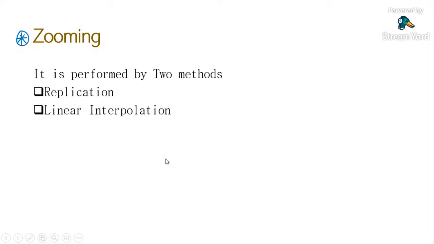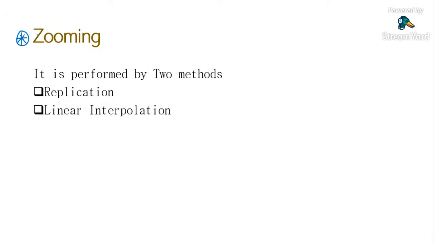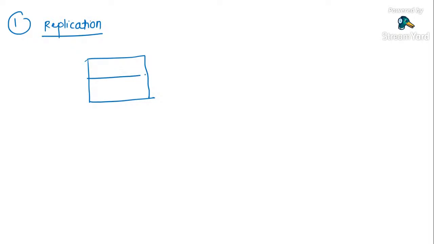Now how do we perform the zooming? The first method is replication. See here, suppose this is an image 1 2 4 3, and you want to zoom it. Then you can use replication.